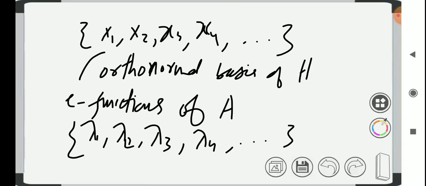Now we will prove another property for this symmetric operator, that if there is any other eigenvalue of this operator A, then it must coincide with one of these eigenvalues. That is, if we have an orthonormal basis of H consisting of the eigenfunctions of the symmetric operator, then our eigenvalues must also be countable, that is, eigenvalues cannot exceed these eigenvalues lambda 1, lambda 2.